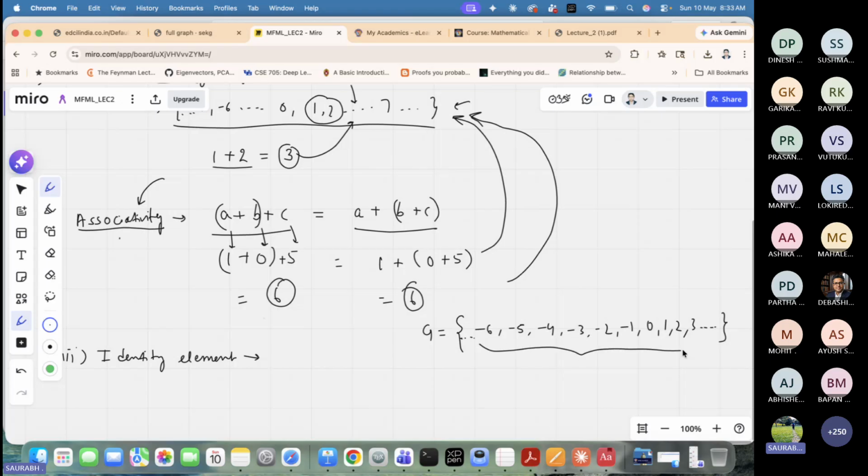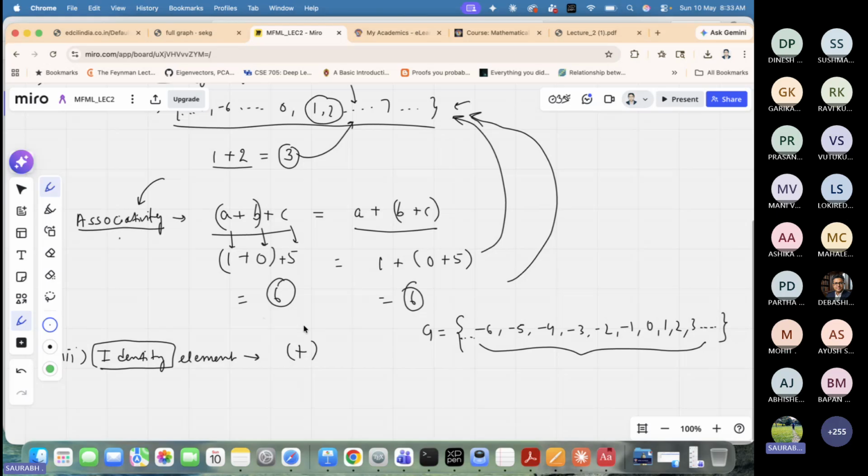Do you see there is an element which gets represented as an identity element, meaning it doesn't do anything to any of the existing members of the set? Do you see any such element when we combine them? Let's say we are sticking to addition itself.